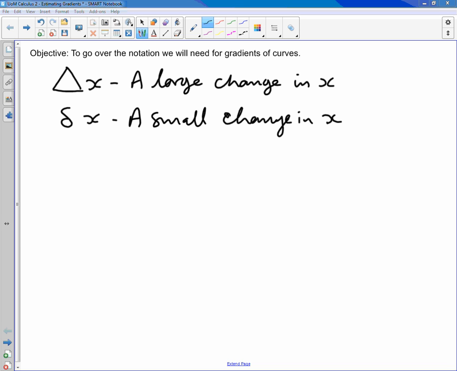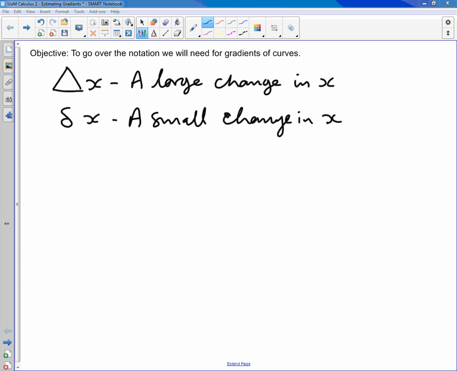Well, if capital delta x means things like 1, 2, 5, 72, a small change in x is going to be effectively decimal changes. So changes of a tenth, a hundredth, a thousandth, a 10,000th. So small, but finite.